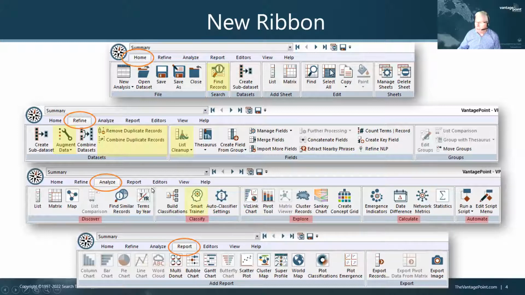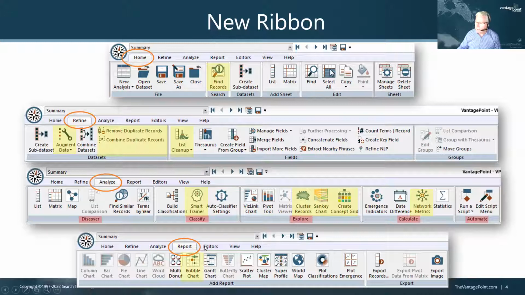So, enhancing smart trainer, adding these graphics, the cluster records, Sankey, and create concept grid, and then the network metrics, using the centrality calculation capability to evaluate inventor networks, author networks, affiliation networks, and so forth.